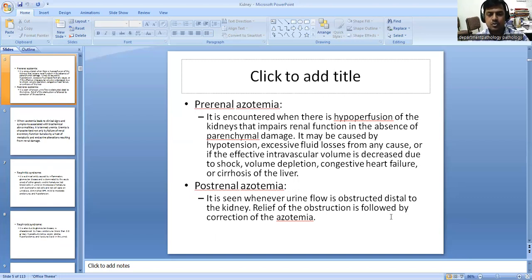Second is post-renal azotemia. It is seen whenever urine flow is obstructed distal to the kidney. Whenever the obstruction is relieved, it is followed by correction of azotemia.